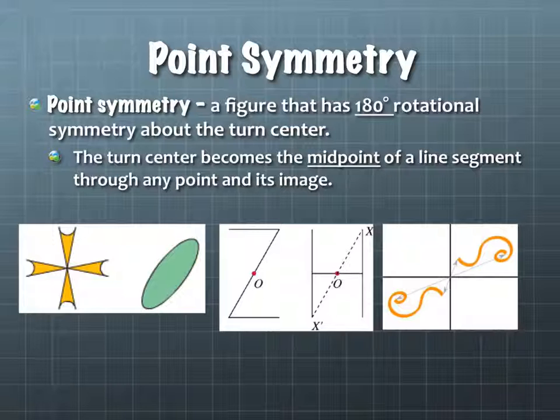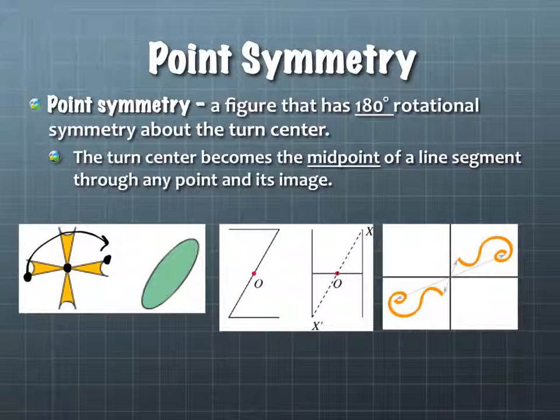So let's take a look at the ones that we have and decide if they in fact have turn symmetry. The first one, can you see whether it has turn symmetry or not? Yeah, it does. And the turn center is where? Yeah, right here in the middle. And it talked about connecting every point and its image. So for instance, if you take this point and you rotate it 180 degrees, it'll be right here.